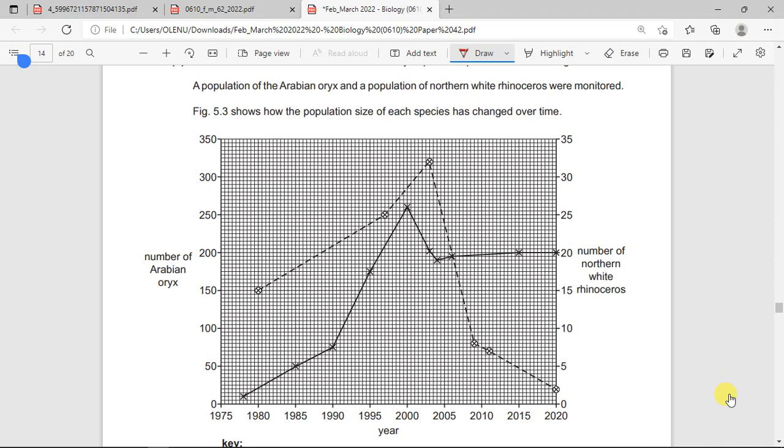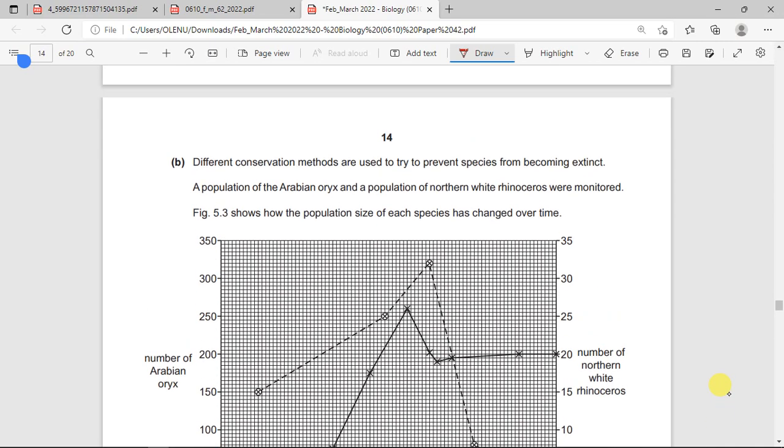Now the next part of this question states that different conservation methods are used to try to prevent species from becoming extinct. A population of the Arabian oryx and a population of the northern white rhinoceros were monitored.